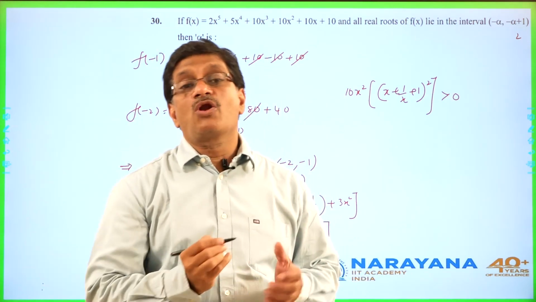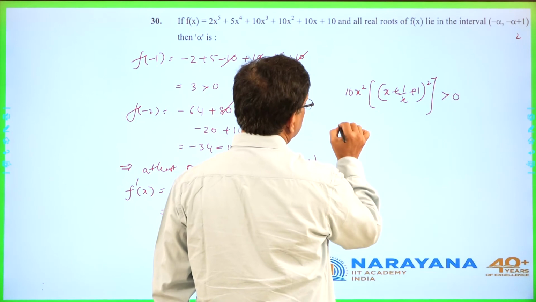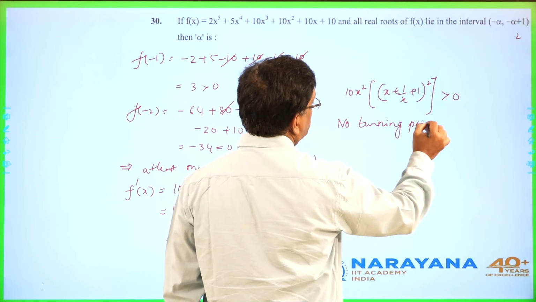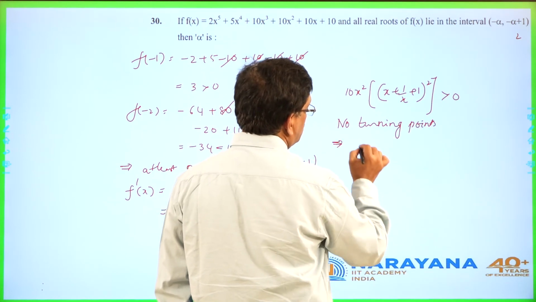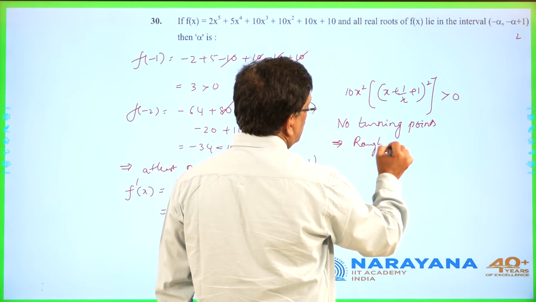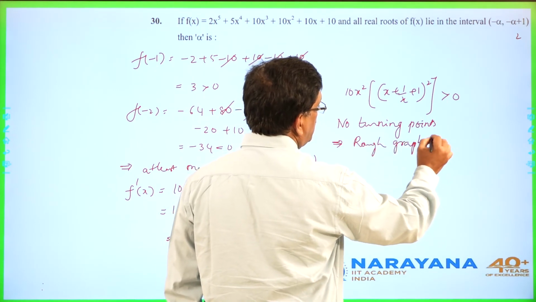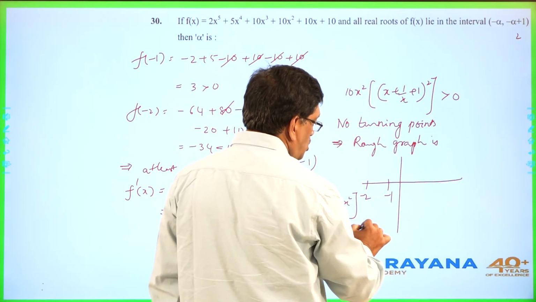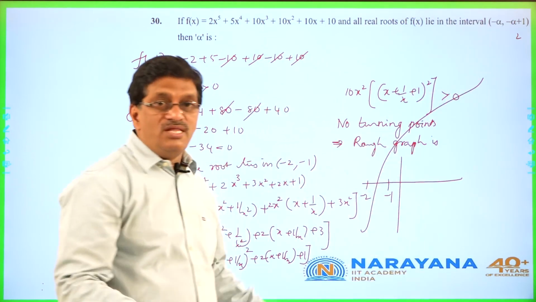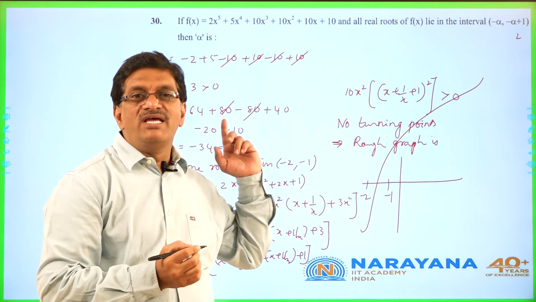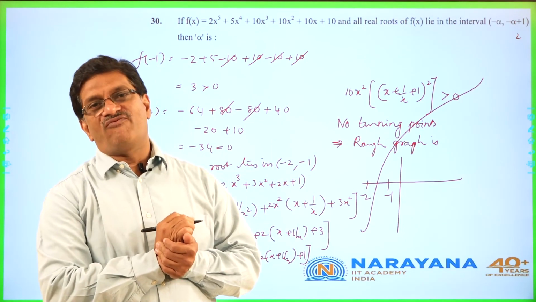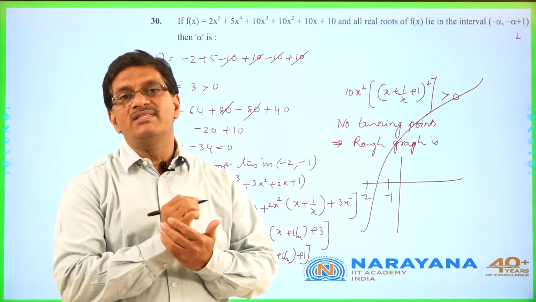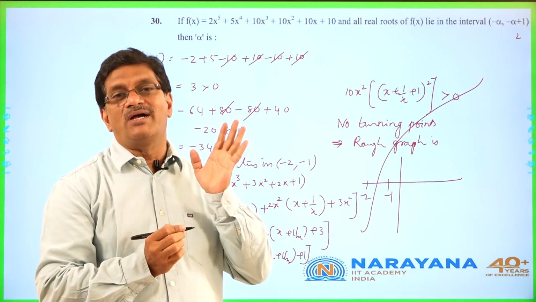You mean there are no turning points. So that implies the rough graph is, remember, it is just a rough graph. So your graph will be going like this. There is only one root. As the degree of the equation is odd, it starts in the third quadrant and it has to end in the first quadrant with no turnings.